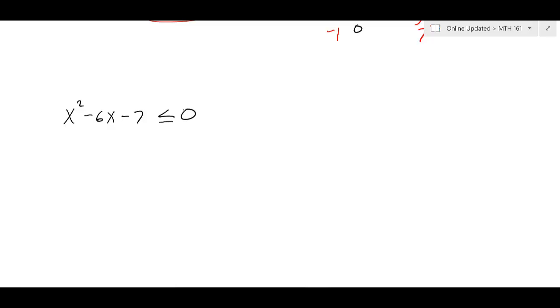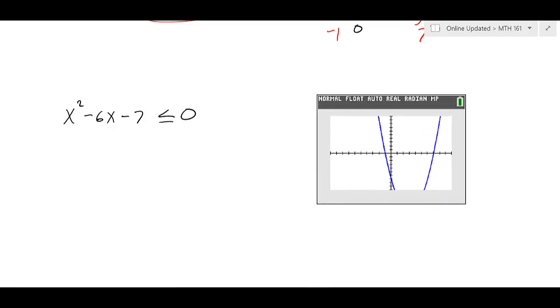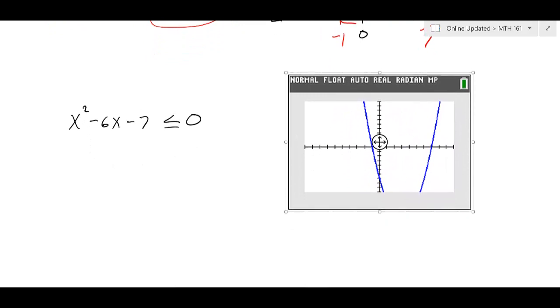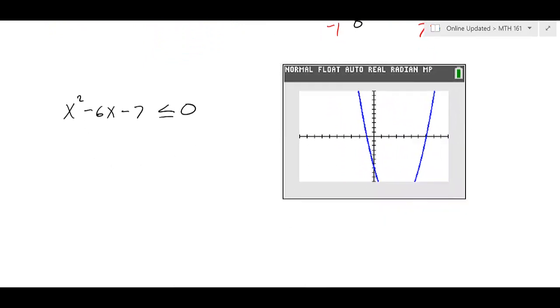So how would this change the problem? Well, the only difference is that now when we look at our solution, we're going to include the endpoints of negative 1 and positive 7.